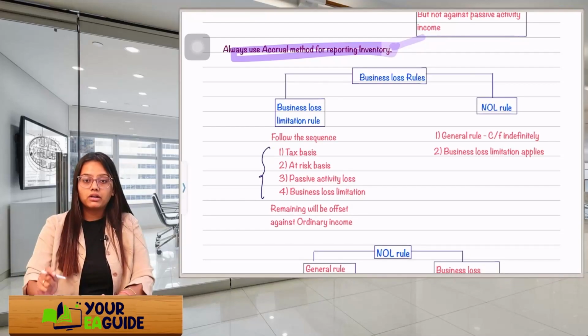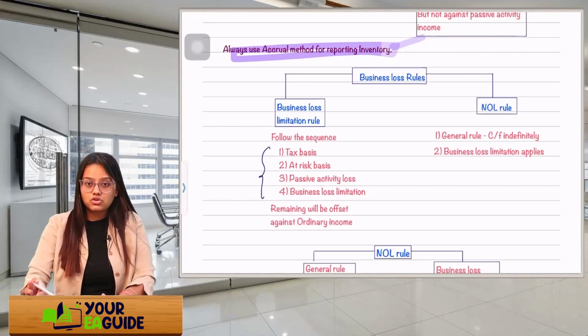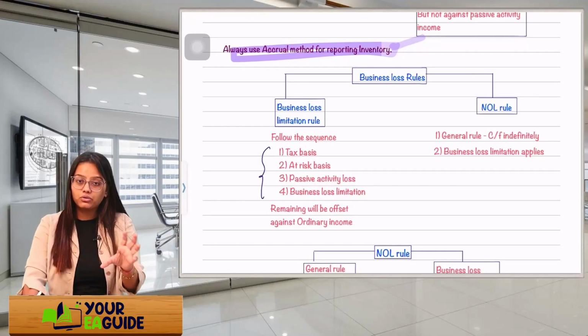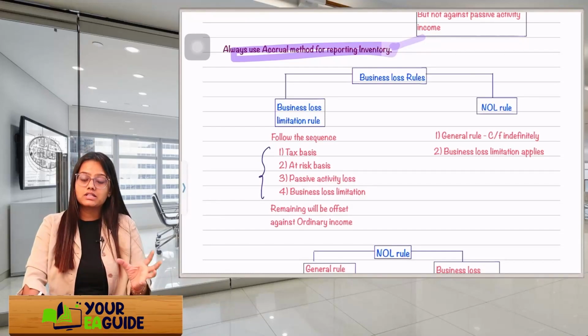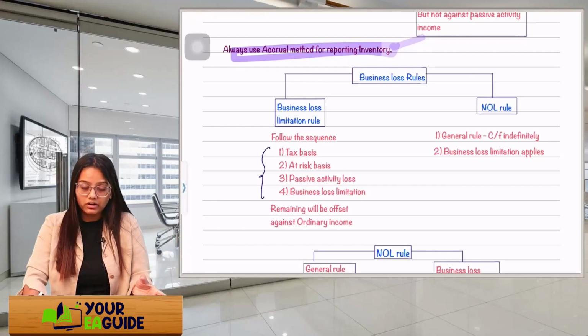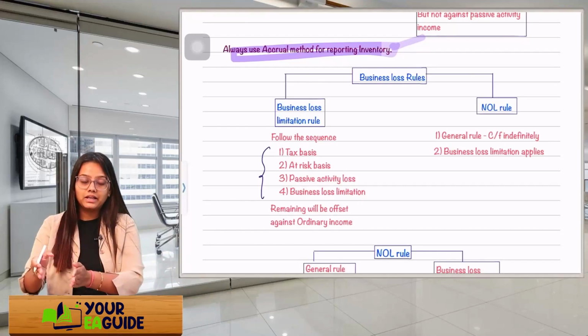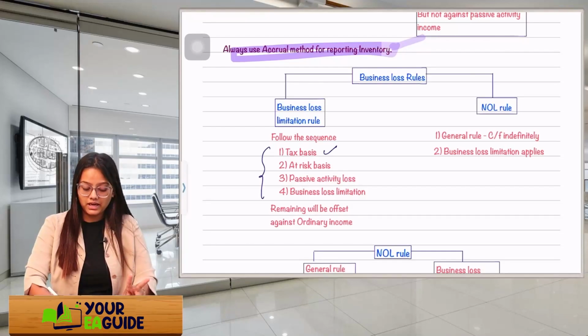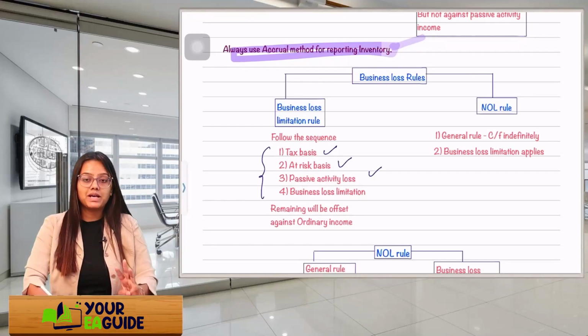In Part 2, whenever you have losses in an S corp or a partnership, how much loss can be carried to the partner's return or S corp shareholder's return has a proper segregation. First, you are going to utilize the tax basis. Second, the at-risk rule. Third is the passive activity loss limitation rule, and the fourth is the business loss limitation rule.